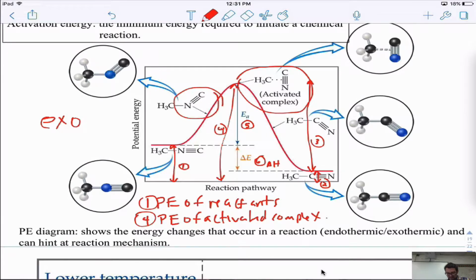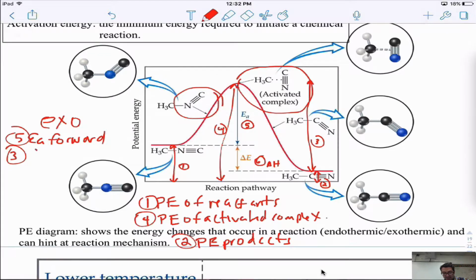And then we can see that at the product side we had this interconversion. When I look at arrow number 2, 2 is the potential energy of the products. Now, arrows 5 and 3 represent the activation energies. 5 is the activation energy of the forward reaction, whereas 3 is the activation energy of the reverse reaction if it occurred.